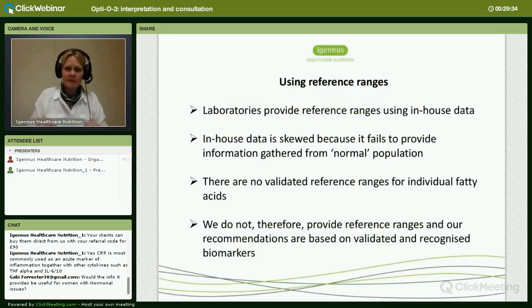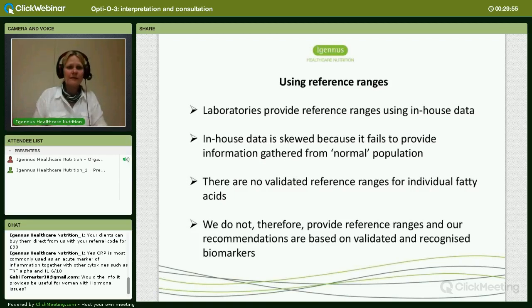for individual fatty acids. Now, as I've said, there are a few laboratories that offer fatty acid profiling, usually not on dried blood spot, but whole blood. And they do provide reference ranges, but they provide the reference ranges using their own in-house data.